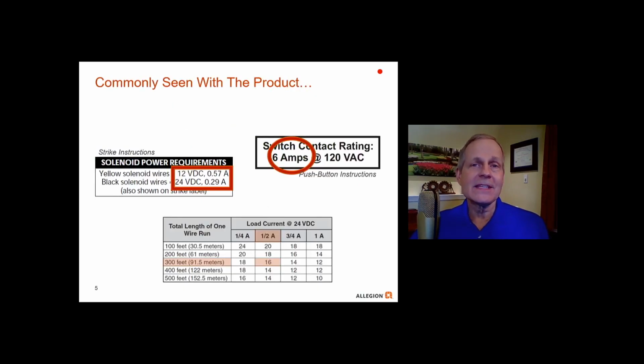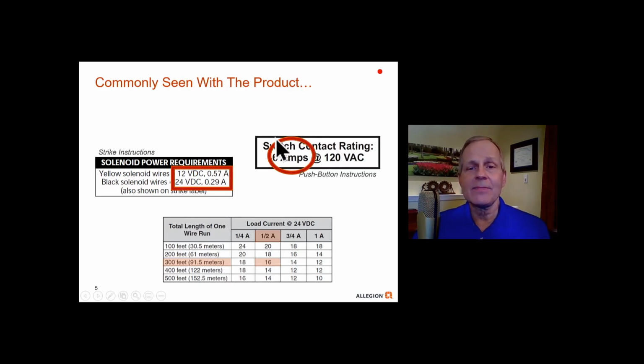So here are some things that you would commonly see on some products or some literature or box that the components come in. Right here, we see something that says 12 VDC, and that stands for 12 volts direct current, or 24 volts DC, 24 volts direct current.